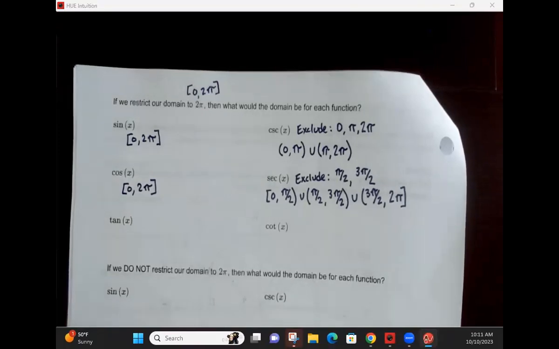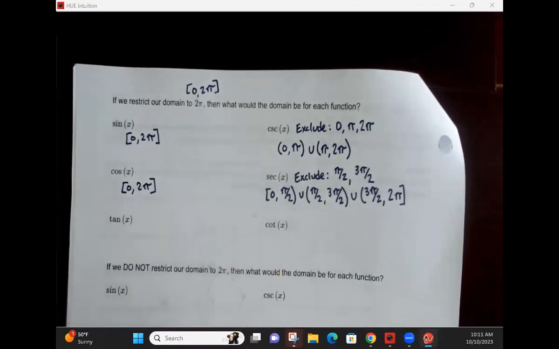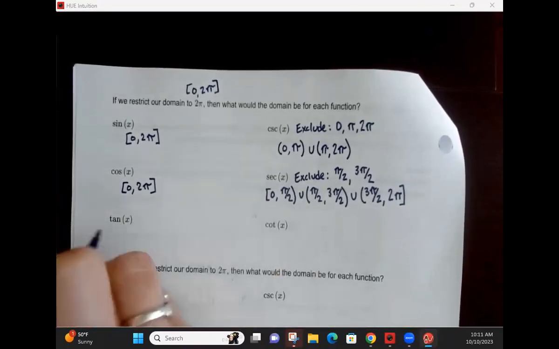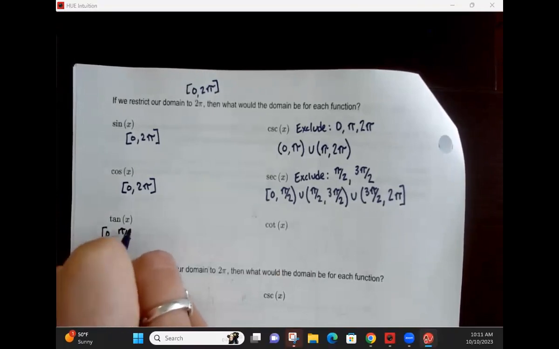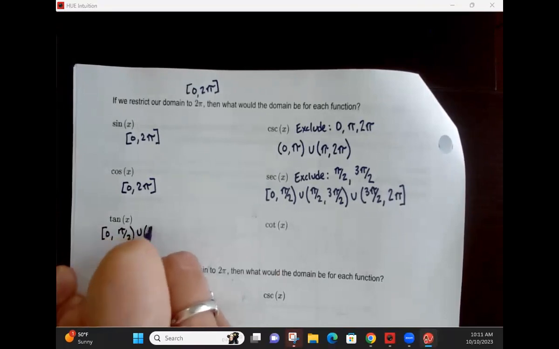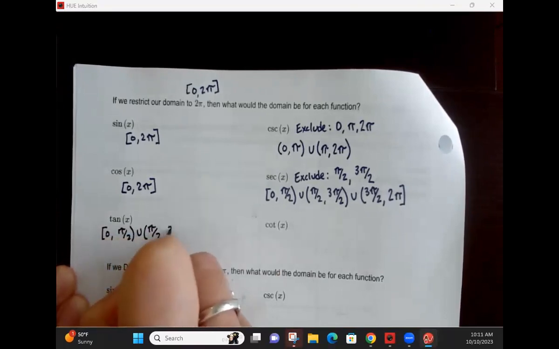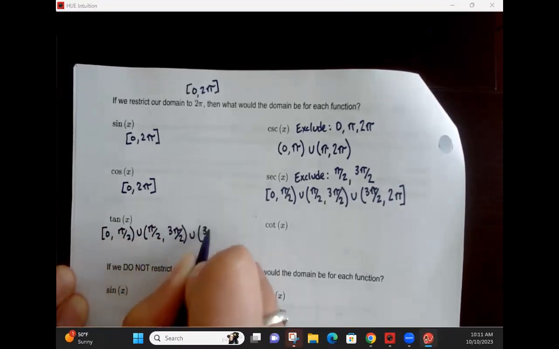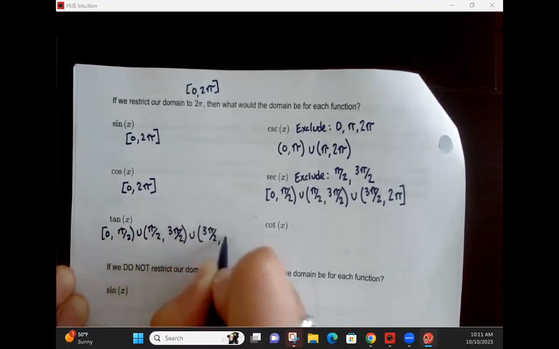Okay, check these with me. Tangent should have the same domain as secant because again, the problem will be if x is 0. So this would be 0 to pi over 2, pi over 2 to 3 pi over 2, and then 3 pi over 2 to 2 pi.